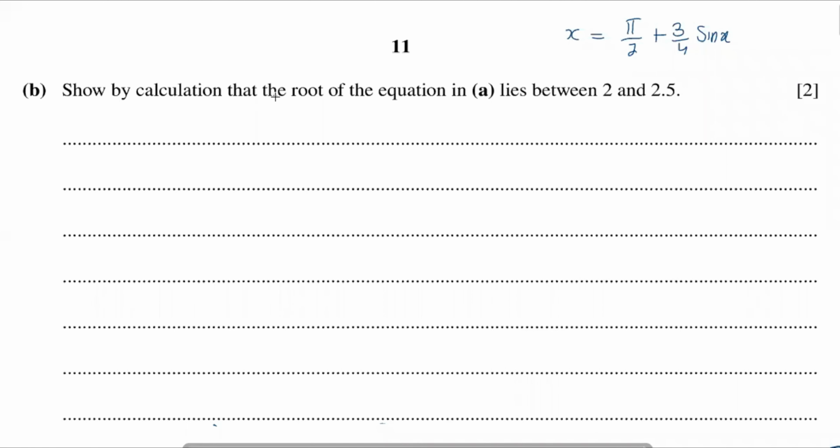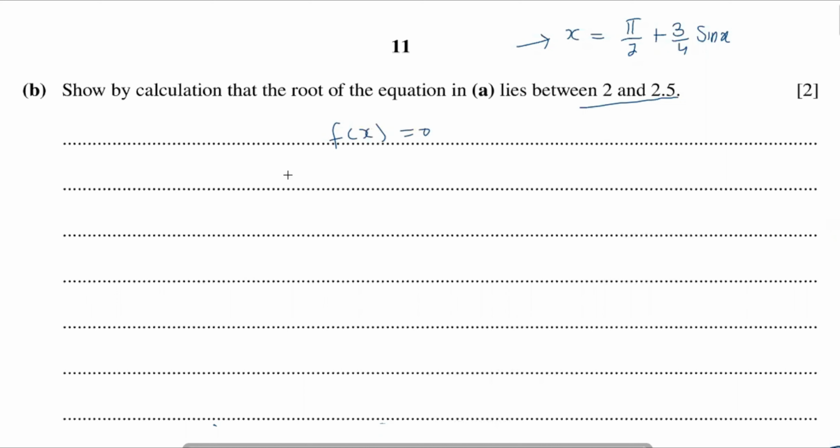Part B, show by calculation that root of the equation in A lies between 2 and 2.5. Now this is the equation we already proved in the previous part. In this equation, we have to prove that the root lies in between 2 and 2.5. To prove the root lies between these two values, firstly we make this equation f of x equal to 0.